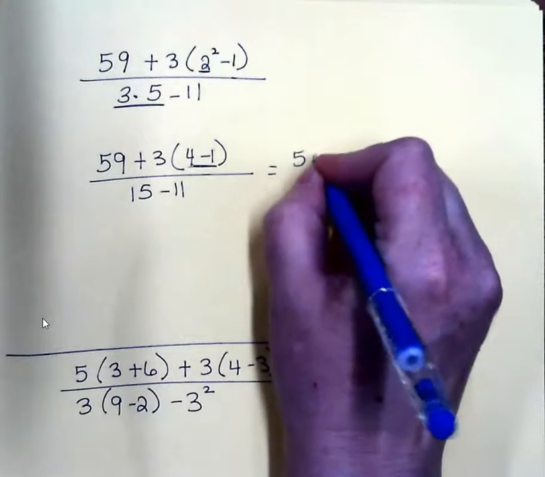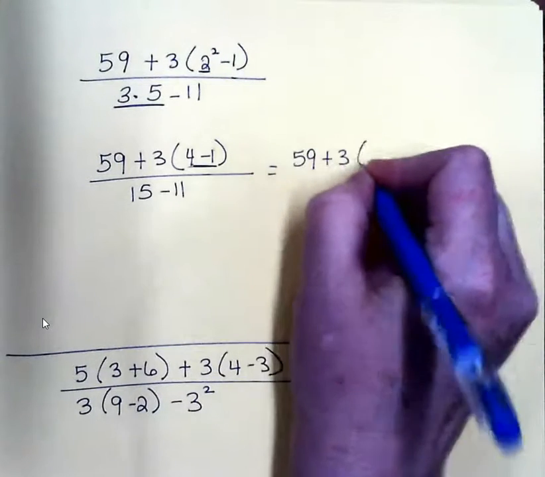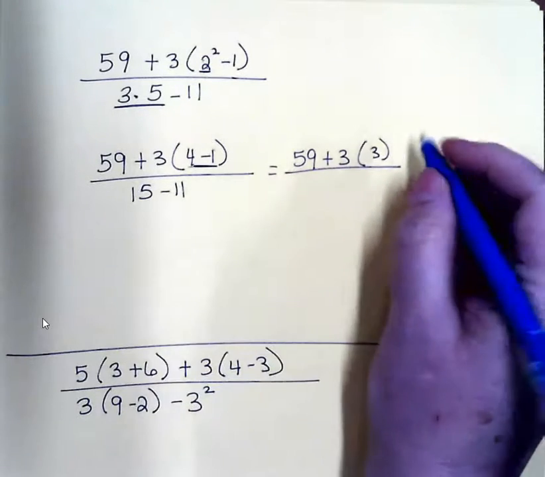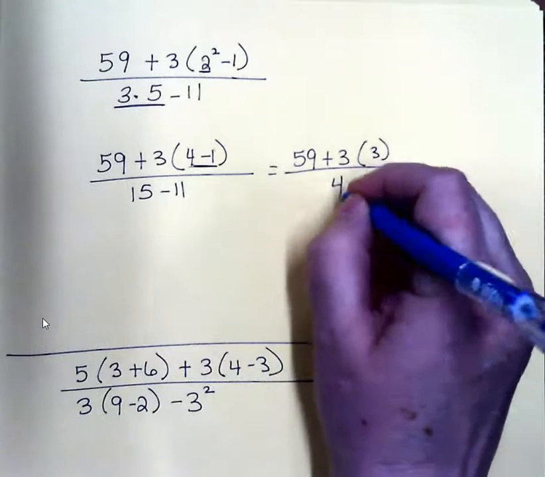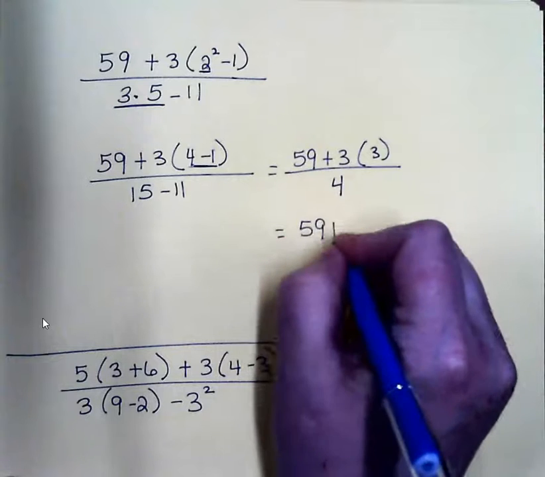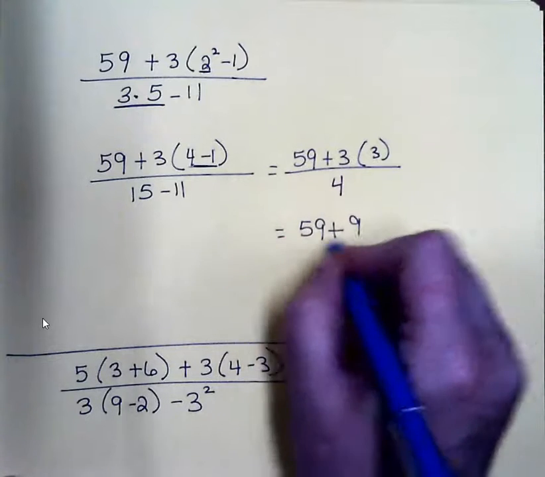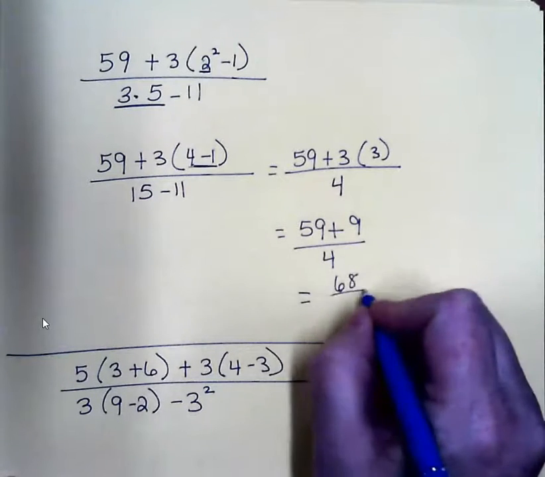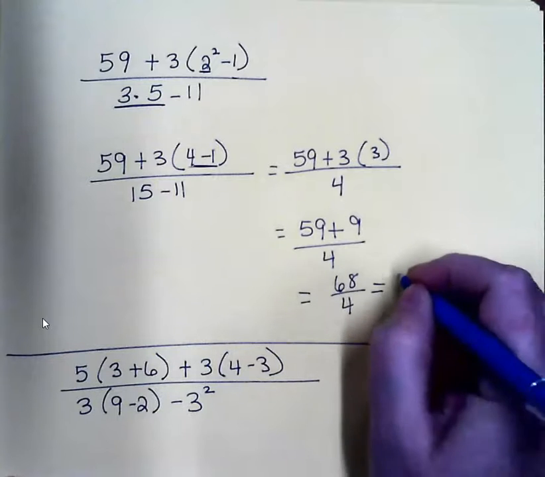So I have 59 plus 3, 4 minus 1 is 3, over 15 minus 11 is 4. So now I've got 59, 3 times 3 is 9, and that gives me 68 divided by 4, which gives me 17.